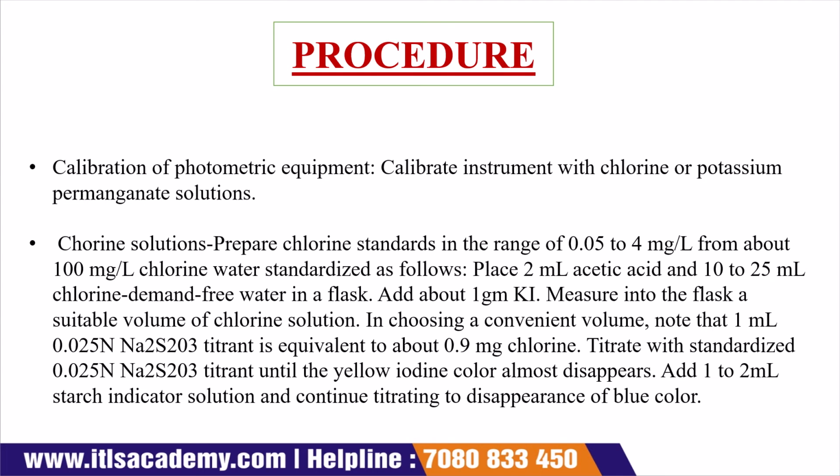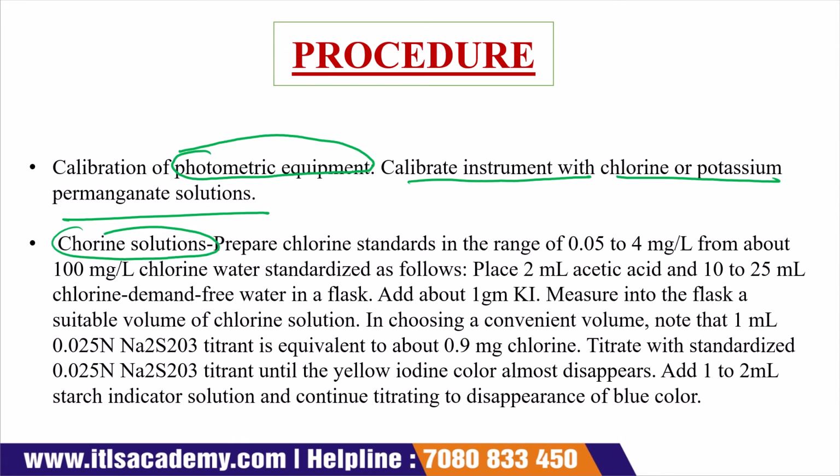Now the next is your procedure. In the procedure, the first part is that we have to calibrate the photometric equipment. For the calibration of the instrument we use either chlorine or potassium permanganate solution. So first of all, we have to prepare a chlorine solution.